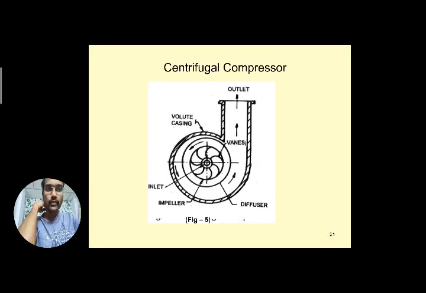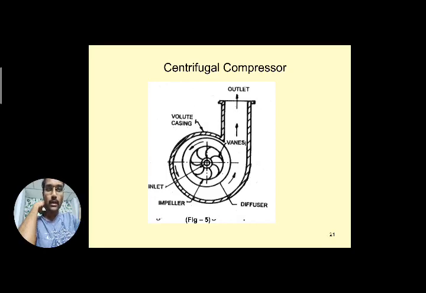Around the diffuser there is a volute casing, where you can see the increased cross section starting at the top, and how the refrigerant is moving inside. Inlet is at the center, outlet is at the top, and the outlet section is larger.